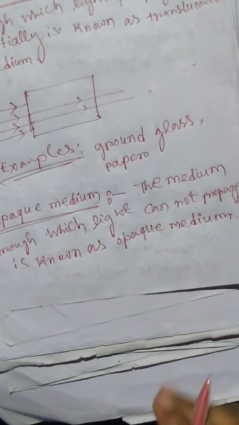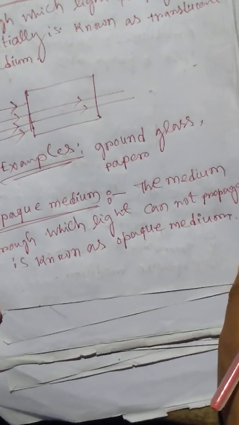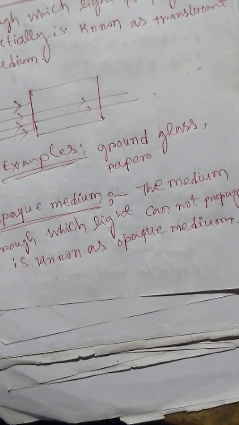There are so many examples of opaque medium, and you can give examples very easily.